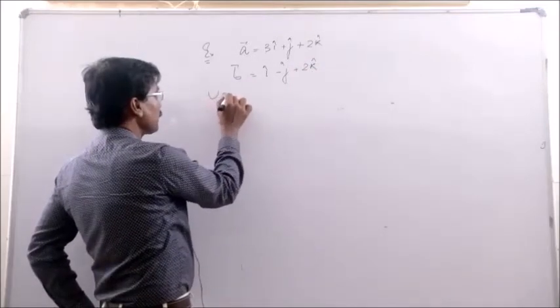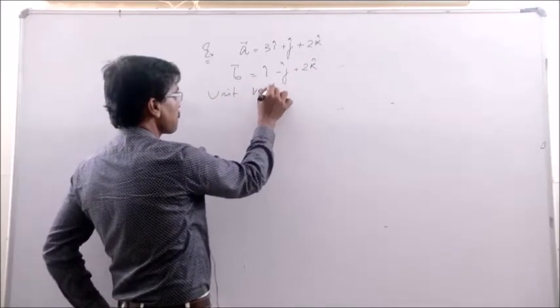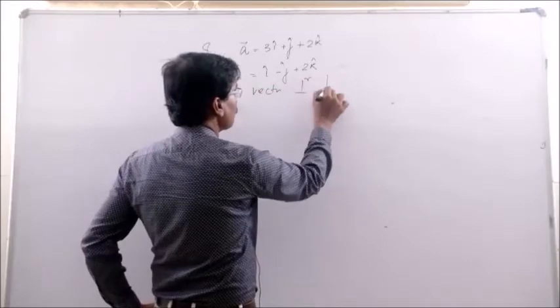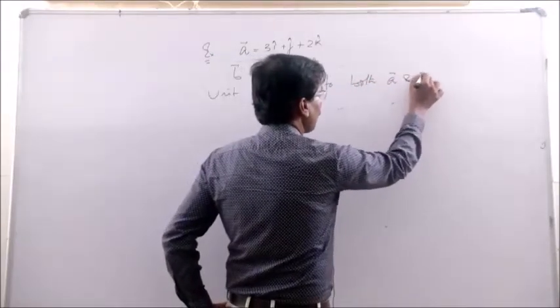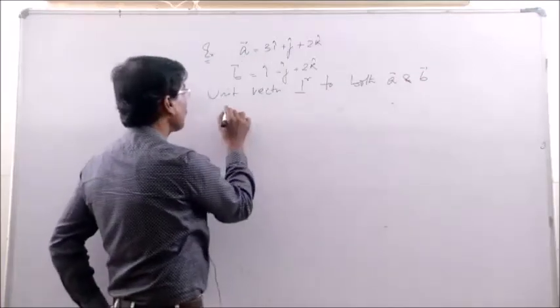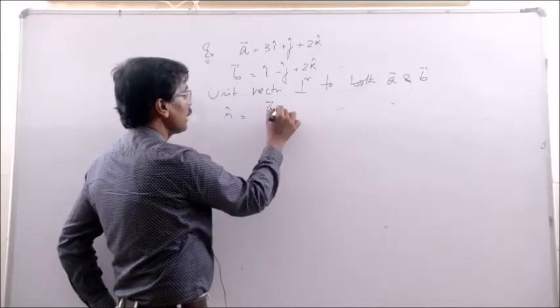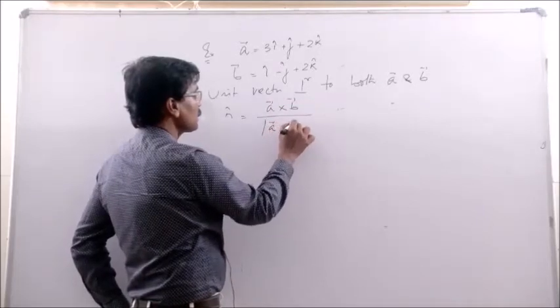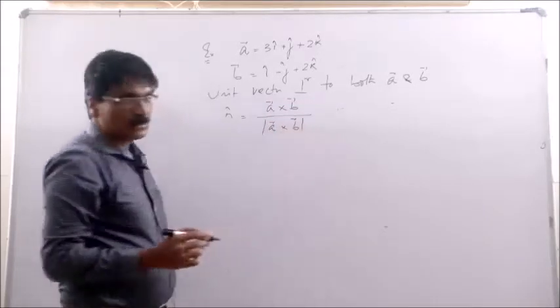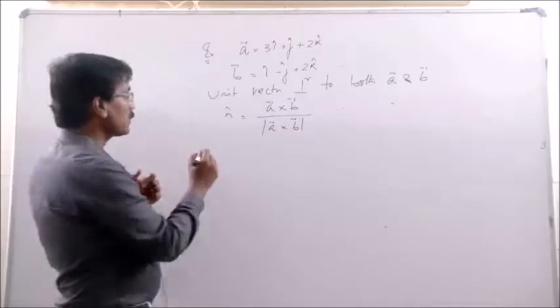So, the unit vector perpendicular to both A vector and B vector is n cap, which is nothing but A cross B divided by magnitude of A cross B. So, next, how to find A cross B?